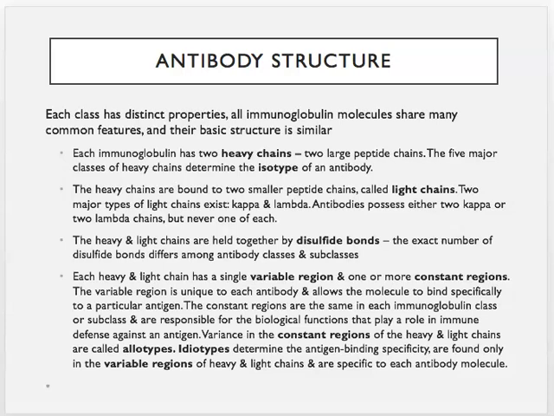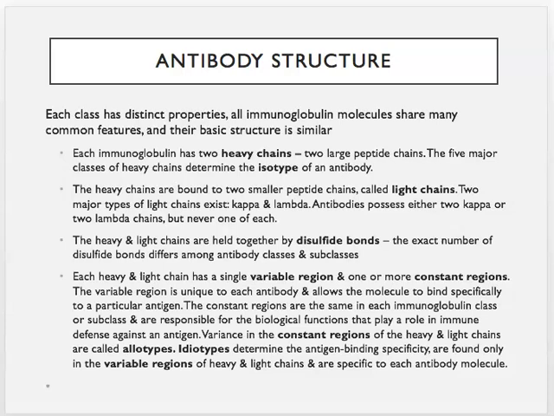The heavy and light chains are held together by disulfide bonds, and the exact number of those bonds differs between the different antibody classes and subclasses. Each heavy and light chain has a single variable region and 1 or more constant regions.